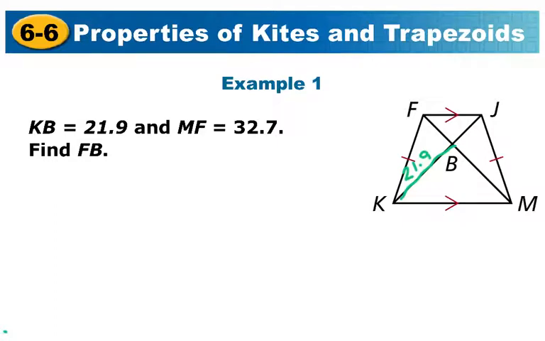Where's M to F? Okay. And so we need to find FB, and it turns out that they are going to be congruent pieces. We've got this piece, which is JB, that would be the same as FB.